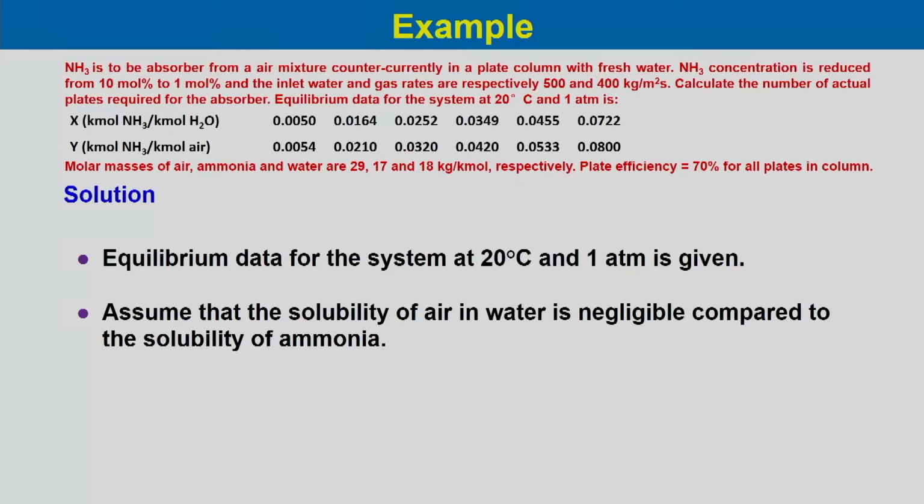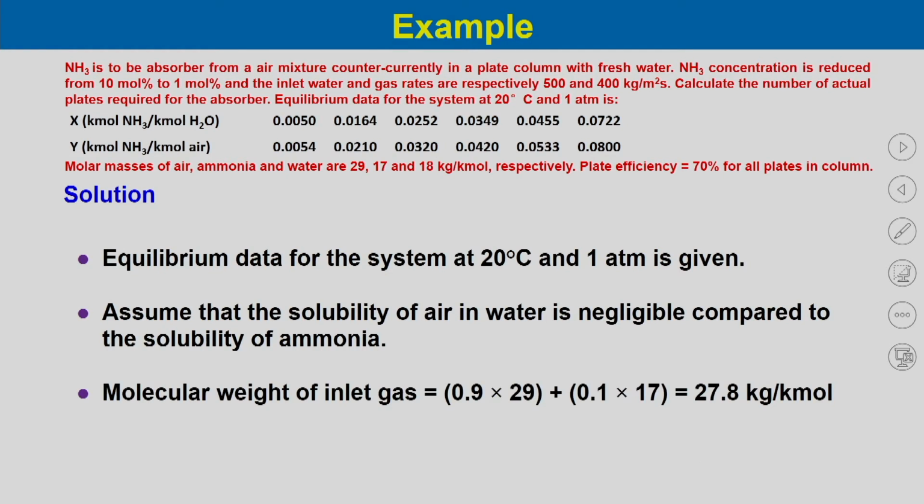The molecular weight of the inlet gas we can calculate. It is 90% air, so it is 0.9 into 29 plus 10% ammonia, which is 0.1 into 17. So, it is 27.8 kg per k mole.